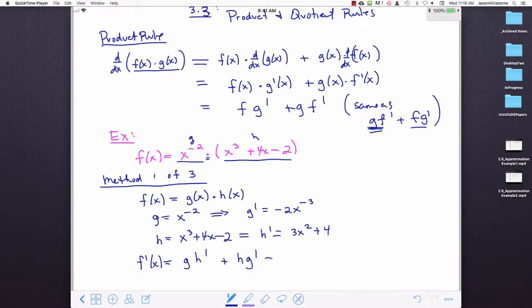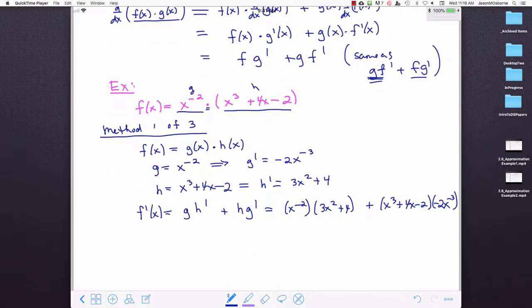Okay? So g is equal to x to the negative 2, h prime is 3x squared plus 4, plus h is equal to x cubed plus 4x minus 2, and g prime is equal to negative 2x to the negative 3. Okay? And there's your answer for f prime of x.